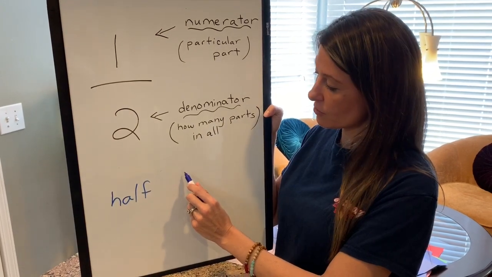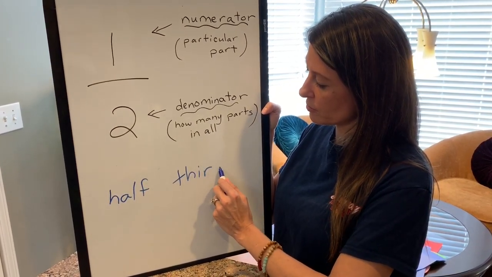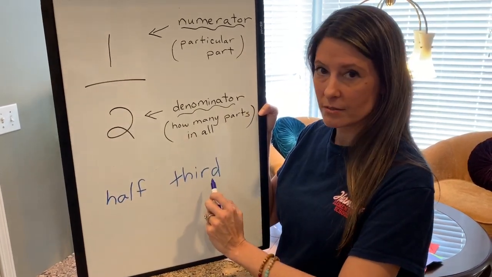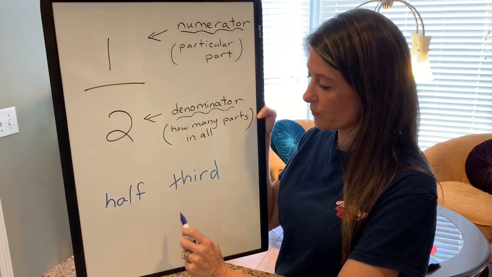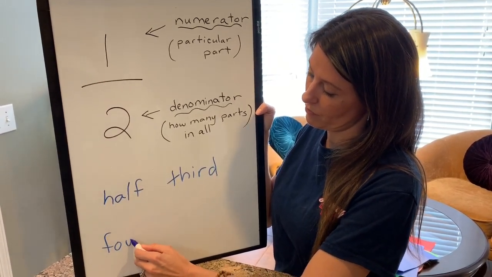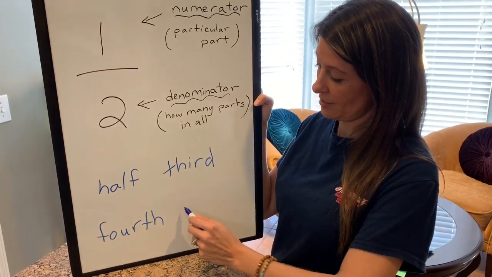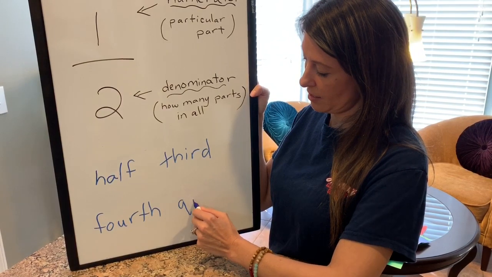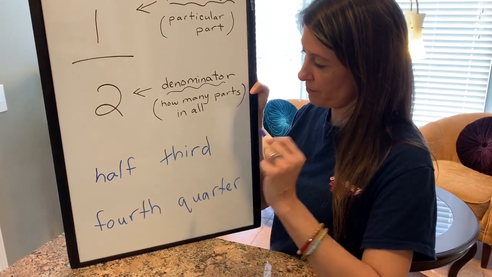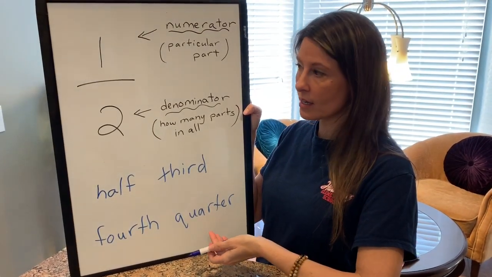When you're talking about thirds, just like you're going into 3rd grade next year, it's going to look like this. That stands for third. Fourths, and quarter. That is how those words look when they're written, and they mean the same thing as the fractional parts when we use numbers.